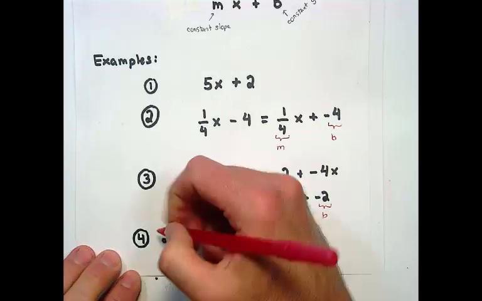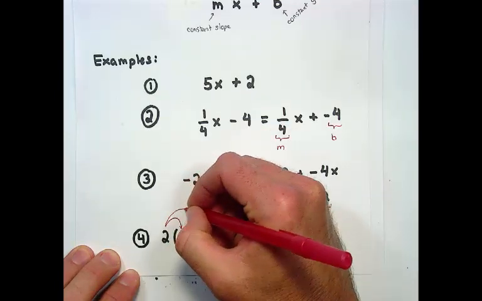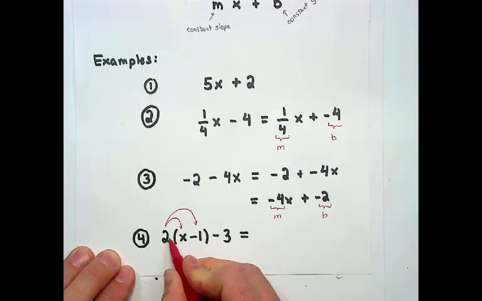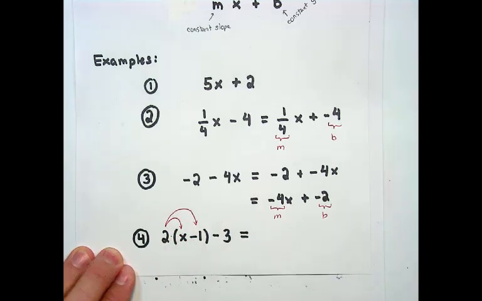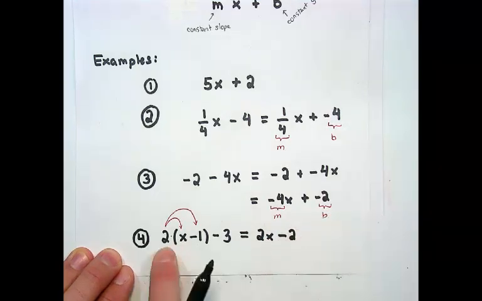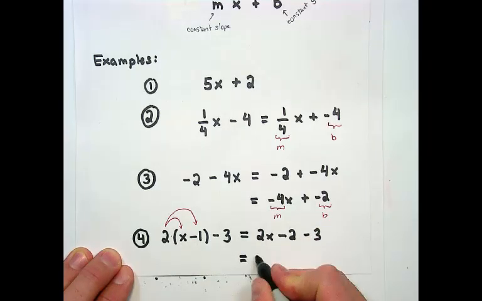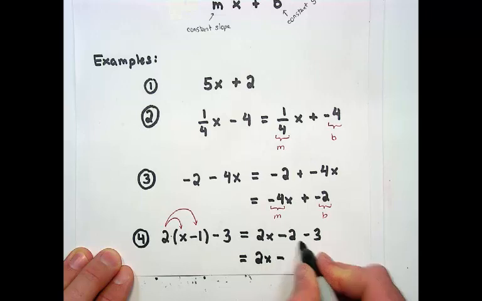There's something called distributivity, and I like to call this the Lil Wayne theory of mathematics, because I can make it rain. I can make this multiplication rain over that subtraction. In other words, this is going to be 2x minus 2, because I multiplied 2 by x and 2 by -1. I can't forget that I had that little 3 over there. So now I've got 2x minus 5.